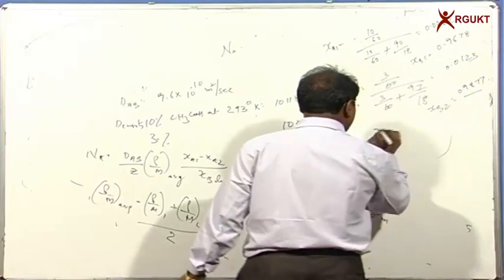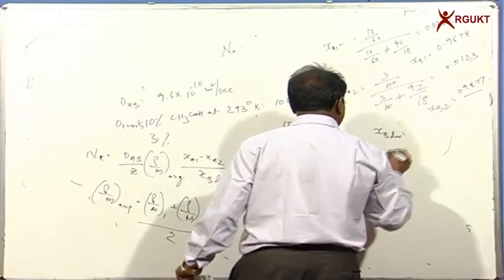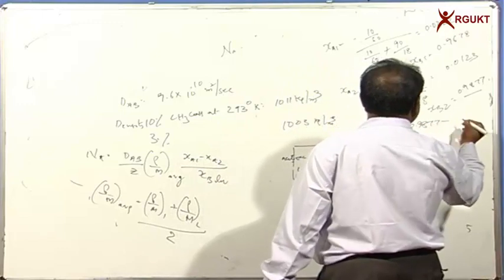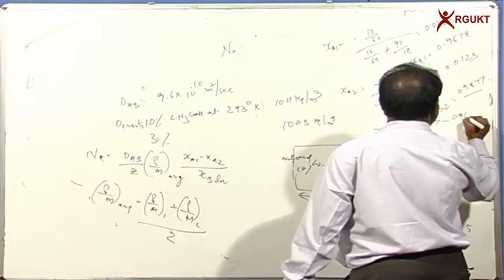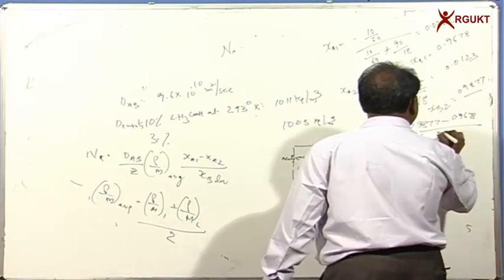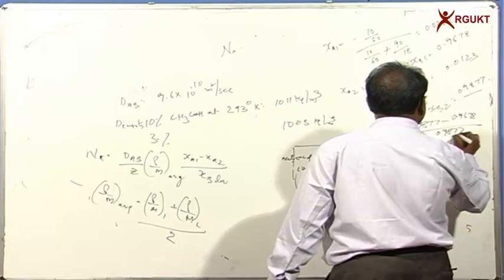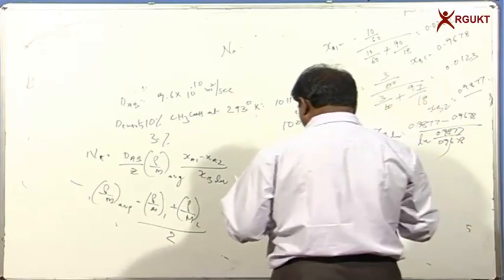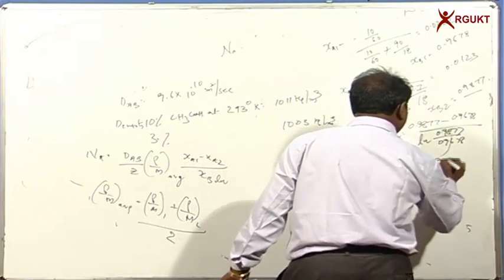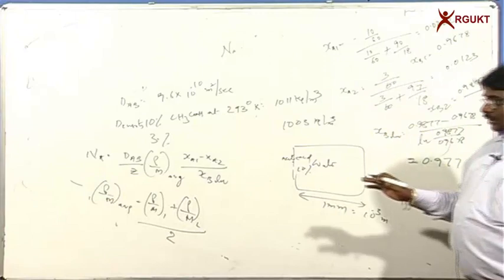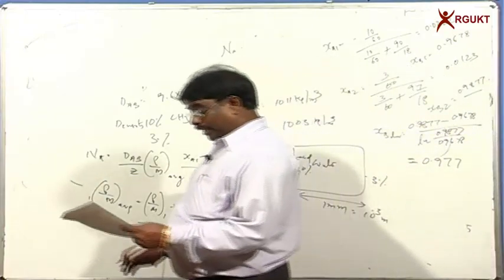So XB ln is equal to 0.9877 minus 0.9678, divided by ln of 0.9877 divided by 0.9678. That becomes 0.977. Now you know the concentrations in terms of mole fractions, then you have to calculate the average molecular weight.